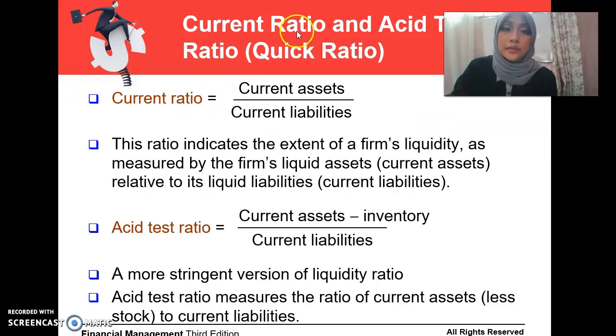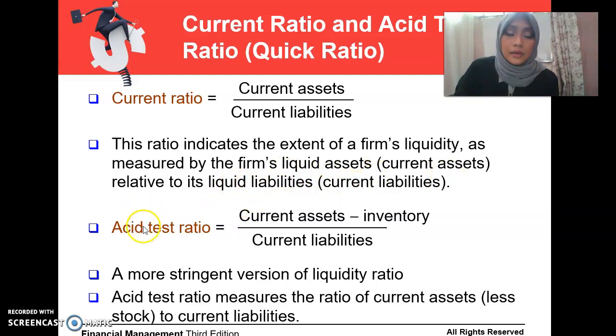Okay, so the first one is current ratio and acid test ratio, or you can say quick ratio. So current ratio, the formula is current asset over current liability. This ratio indicates the extent of the firm's liquidity, measured by the firm's liquid asset over its liability.